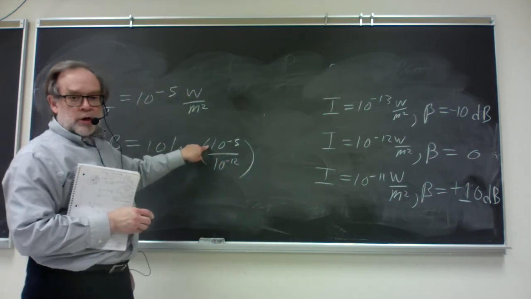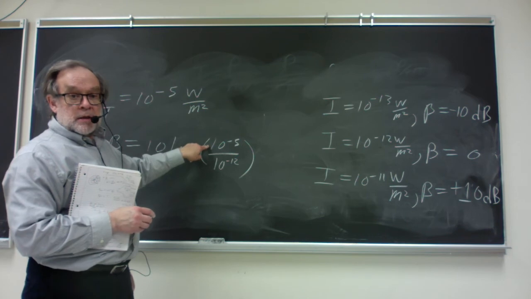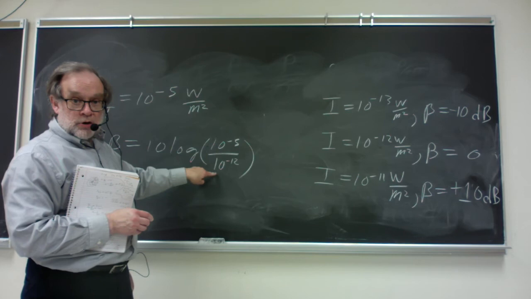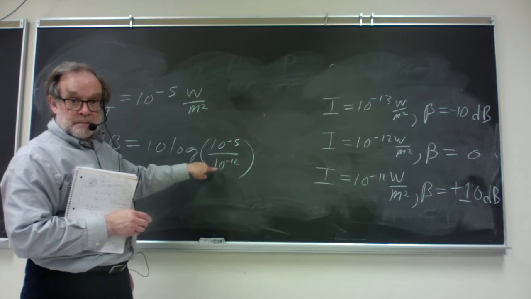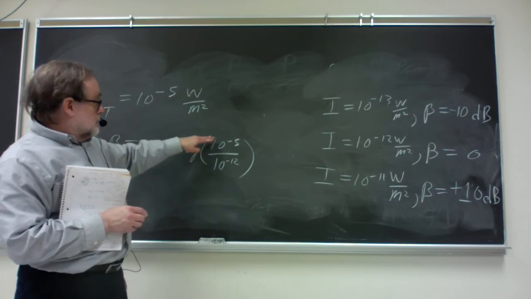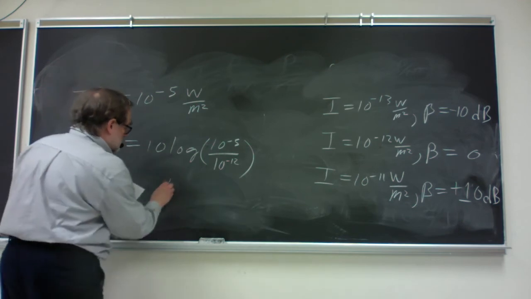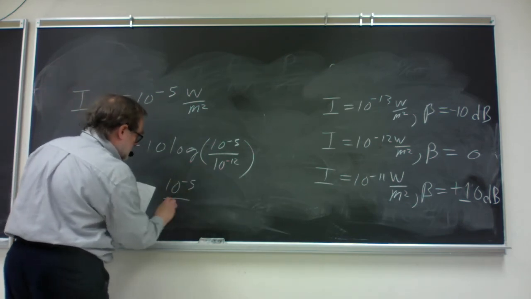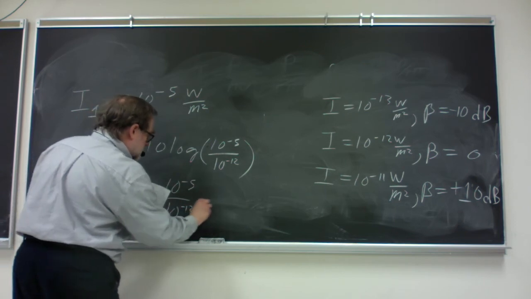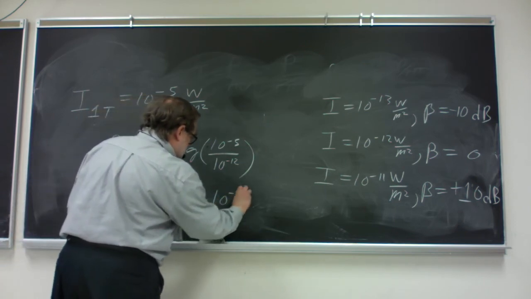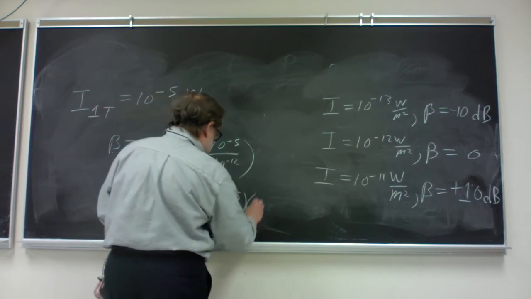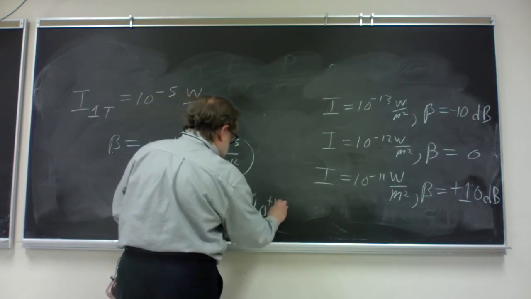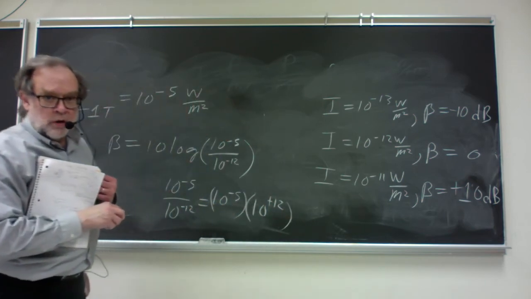The numerator here is a factor of 10 to the 7th greater than this. 10 to the minus 5 divided by 10 to the minus 12 is the same as 10 to the minus 5 times 10 to the plus 12, right?